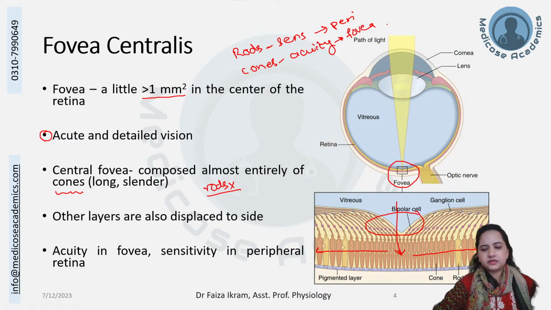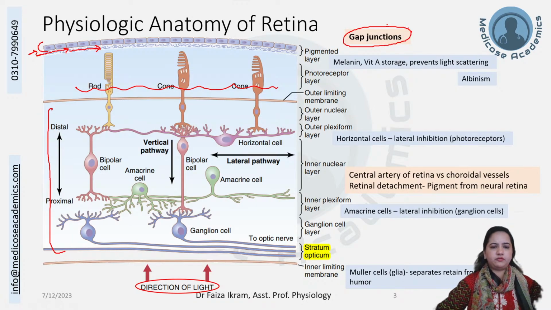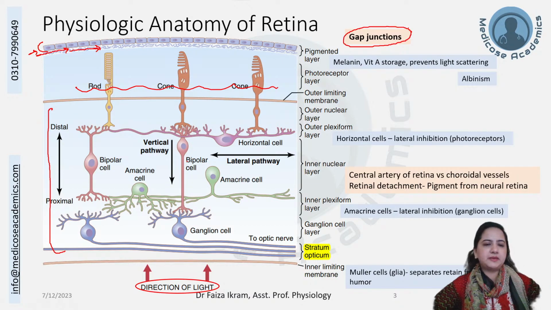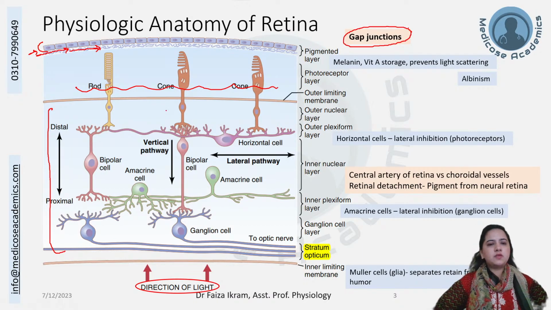Rods are more present in the periphery of the retina, whereas cones are far more abundantly present within the fovea centralis. Another characteristic of fovea centralis that we can discuss over here is that cones in the fovea centralis have one-to-one communication with the bipolar cells. There is almost equal number of cones and bipolar and ganglion cells in the fovea centralis.